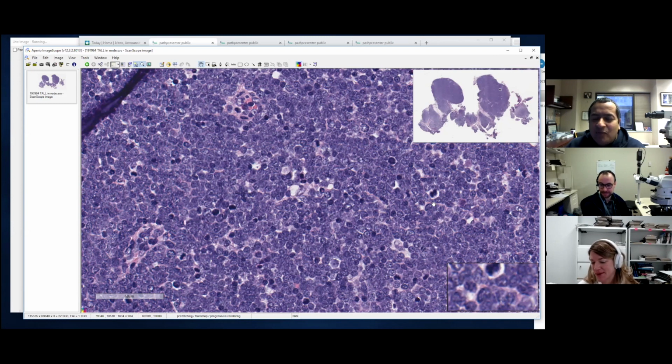Can I ask you a couple of questions about the morphology? Clearly there was a need to look at the touch prep because it's not always clear cut that this is blastic morphology or not, right? It can be. This particular case looks clear, but sometimes it's not.